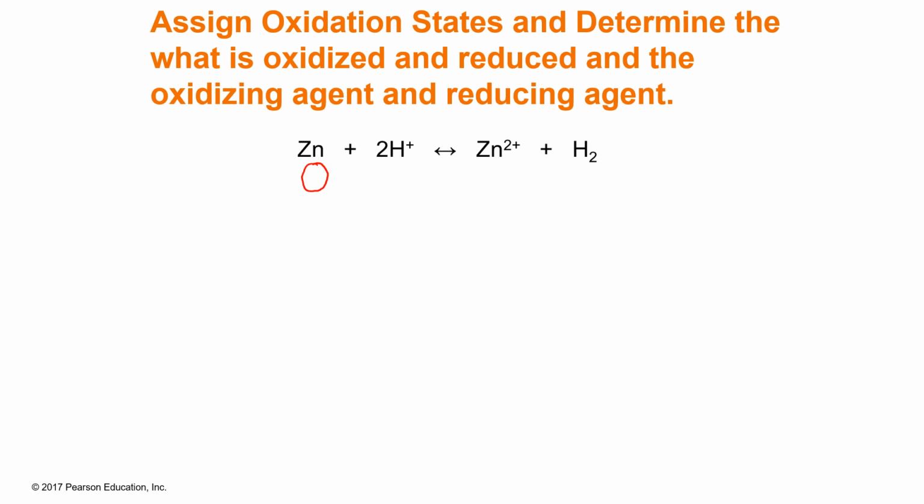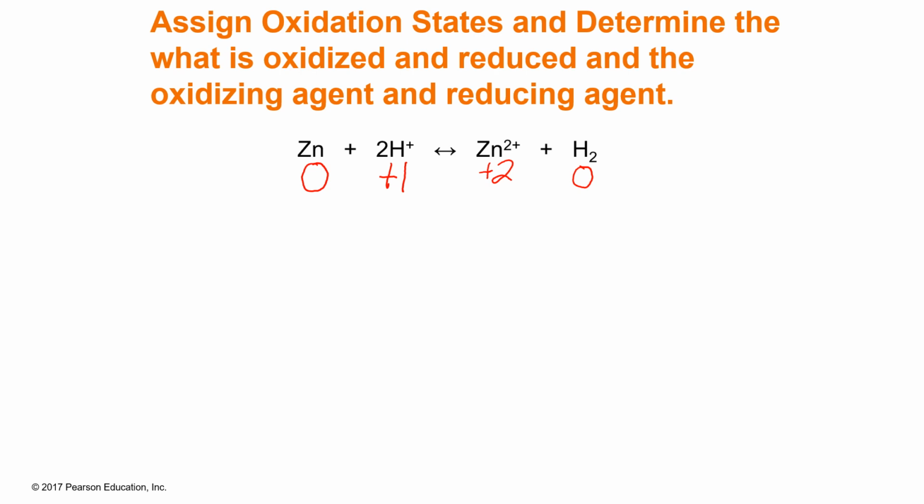That means each hydrogen is going to have an oxidation state of +1. Now we have zinc 2+. What is our oxidation state for zinc 2+? It's going to be equal to the charge, which is a +2. And hydrogen, H2, this is the elemental form. And so for elemental forms, our oxidation state is 0.